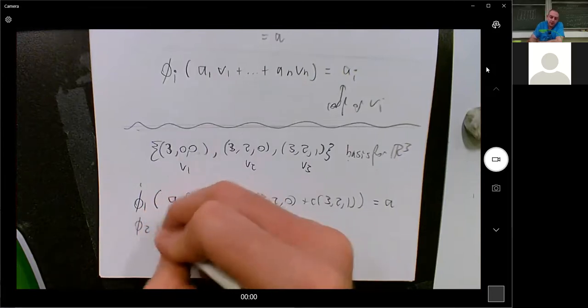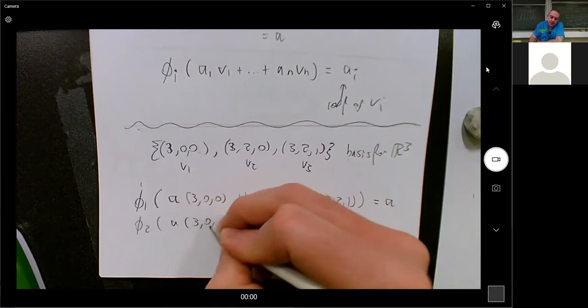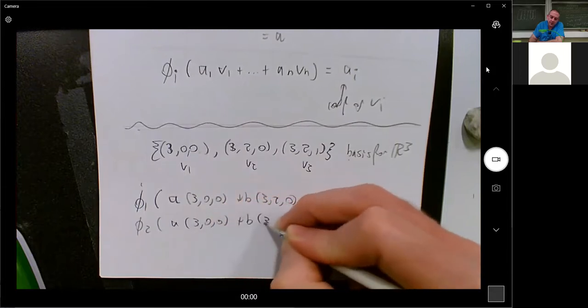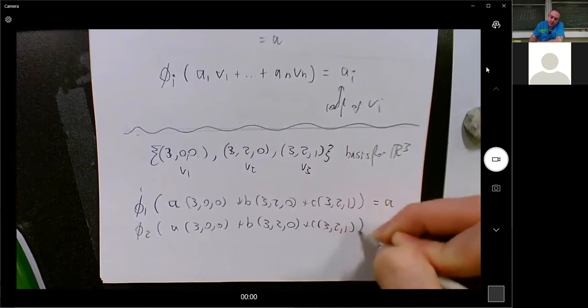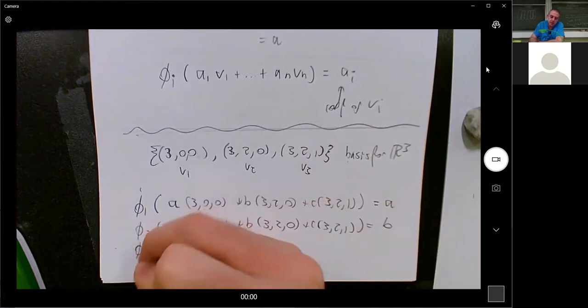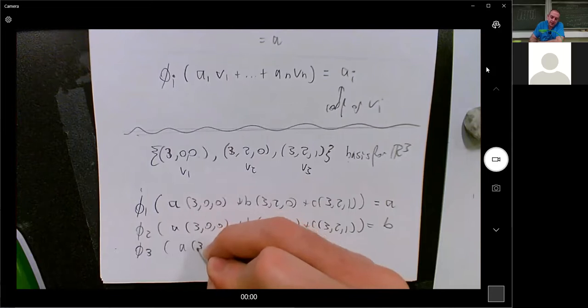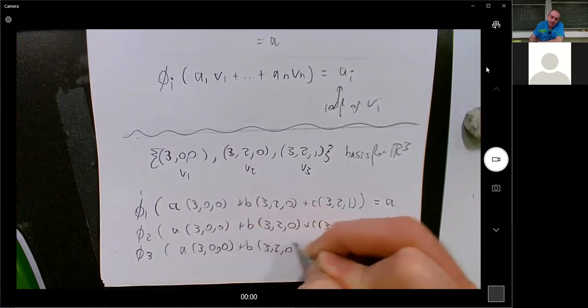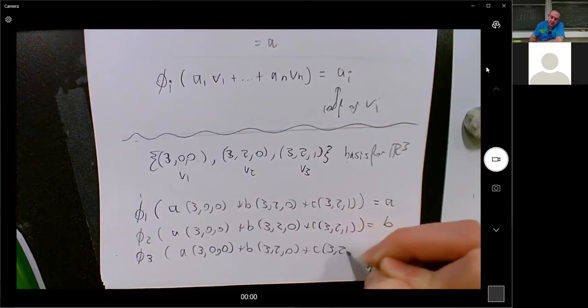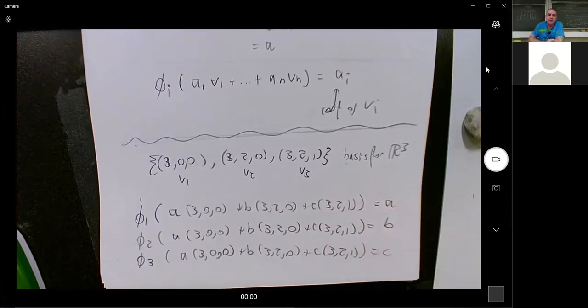And phi 2 of A 300 plus B 320 plus C 321 is going to be B, and phi 3 of A 300 plus B 320 plus C 321 is going to be C. These are the three functions I define, and they are a basis for R3 star.